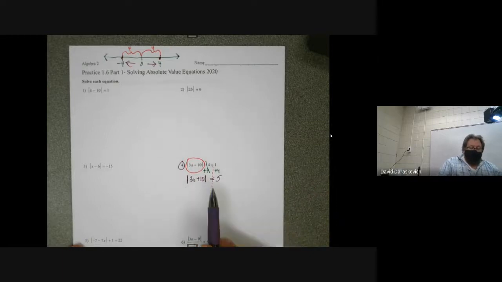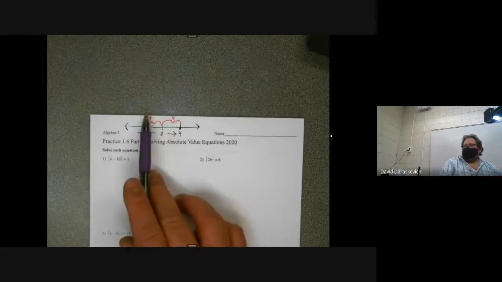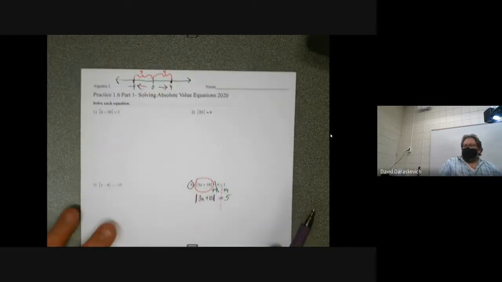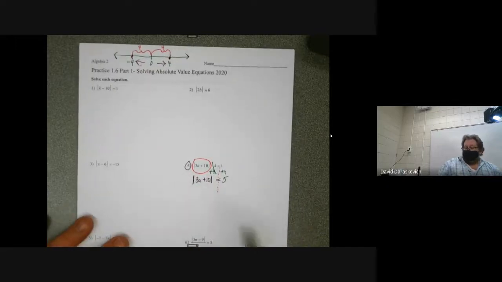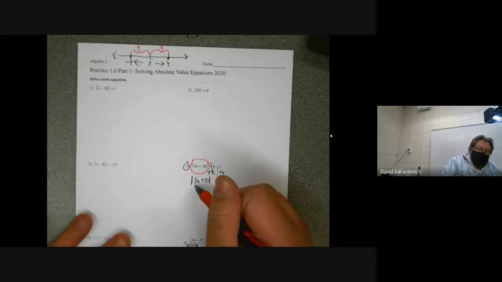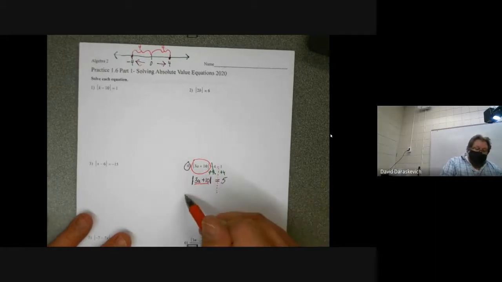Now that it's by itself, I got to worry about the location point +5 and the location point -5. And like I said in my videos, I always put the negatives first because I'm just used to having negatives on my left. It doesn't matter if you put what's inside equal to 5 over here and -5 here.